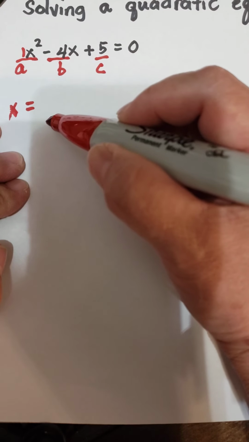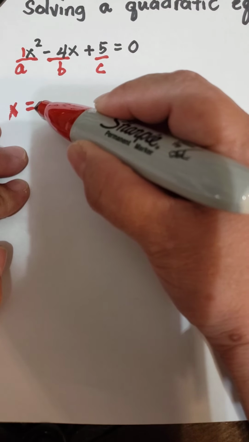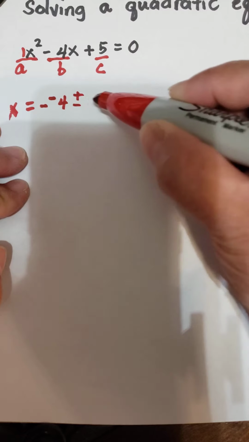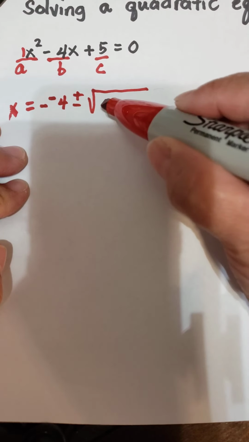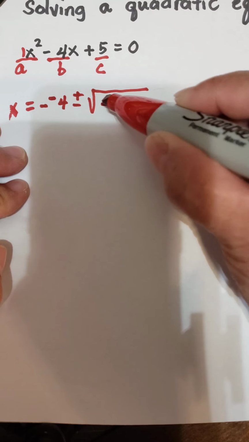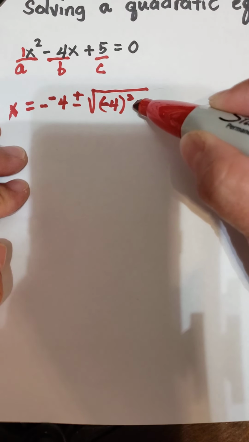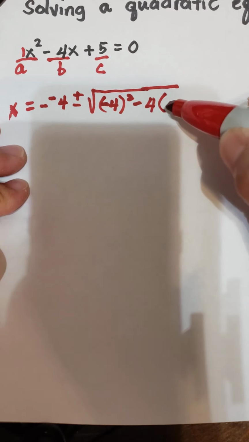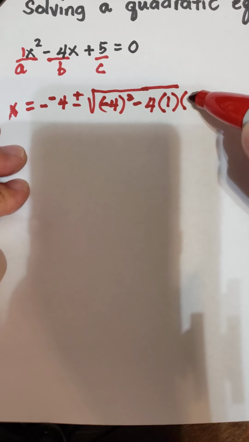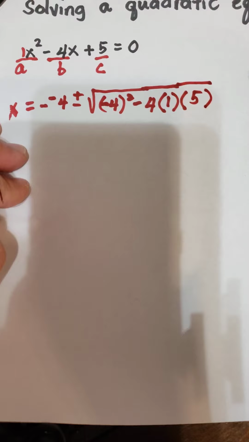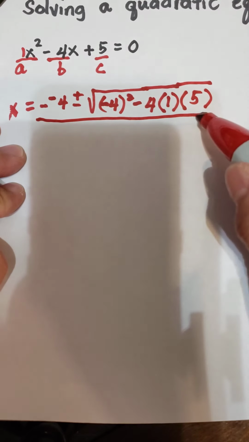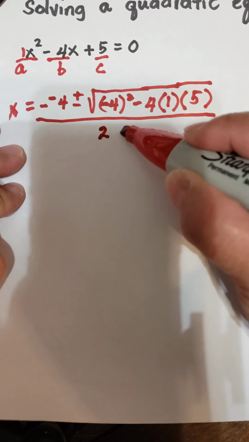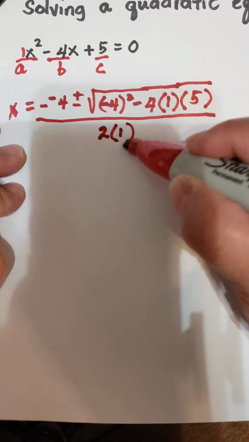In this case, our b is negative 4, so you got negative negative 4, plus and minus square root of b squared, where b is negative 4, square it, minus 4 times a, which is 1, times c, which is 5. Now don't forget that's all over, meaning all of whatever you get in there should be divided by 2 times our a, which is 1.